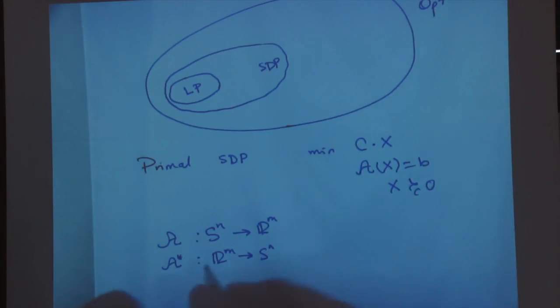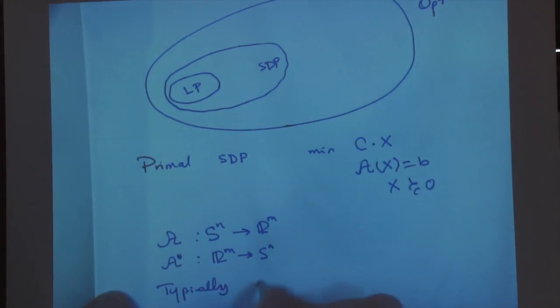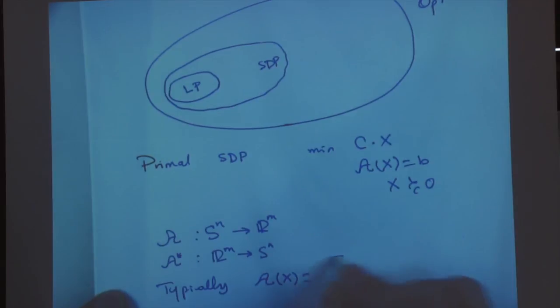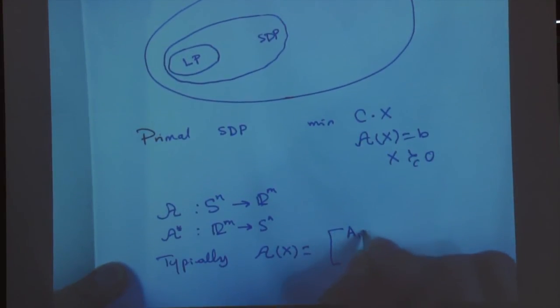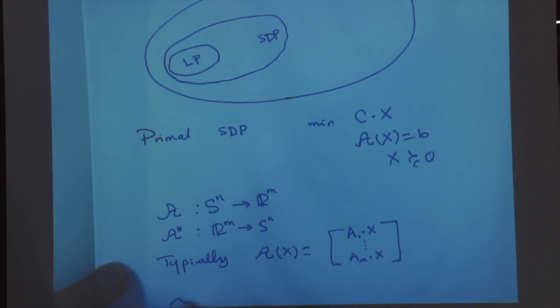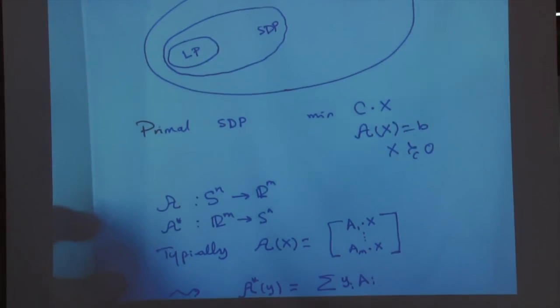Maybe I could be more explicit here. Typically, A of X is defined in terms of a bunch of matrices, A1·X up to Am·X. If this happens, then A star of y, the adjoint, is the sum of yi Ai, for i equals 1 to m.